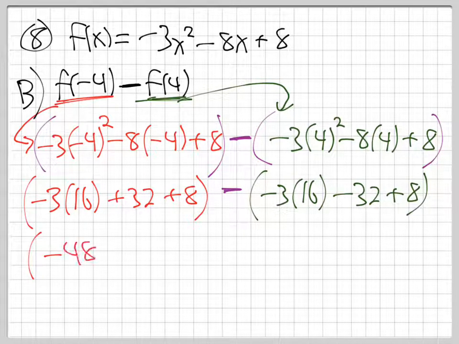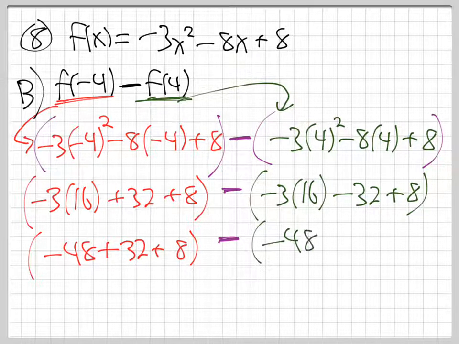That'll be minus 48 plus 32 plus 8. And then the other side, minus 48 minus 32 plus 8.